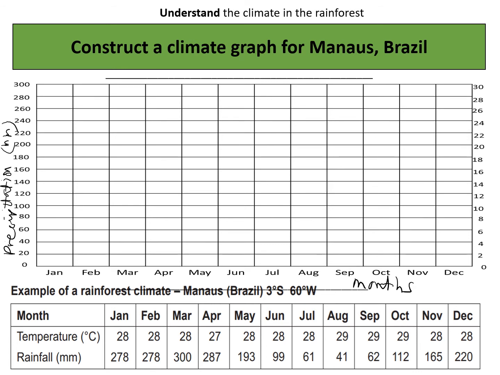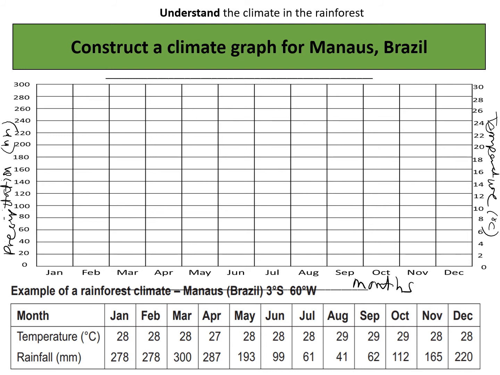And then on the other side, we would have temperature, in degrees C. And then we'd need a title for our climate graph. So this would be called a climate graph for Manaus in Brazil, a tropical rainforest.